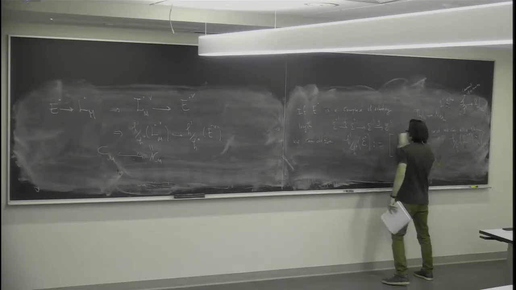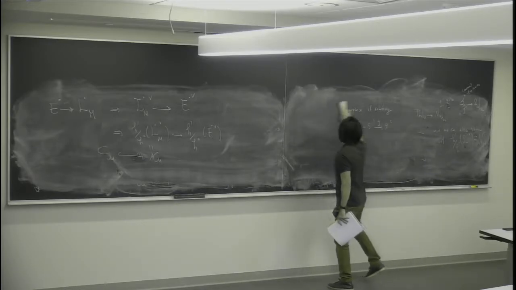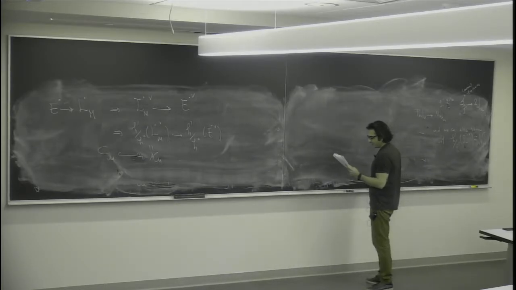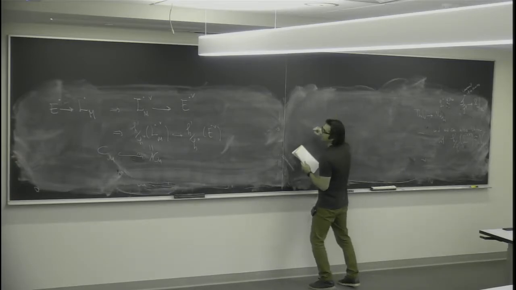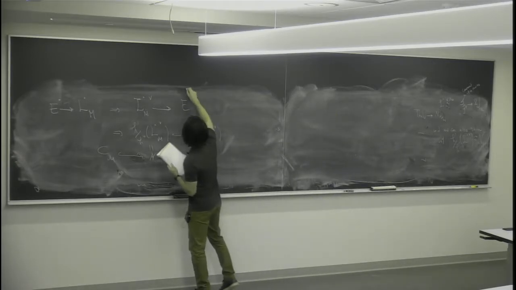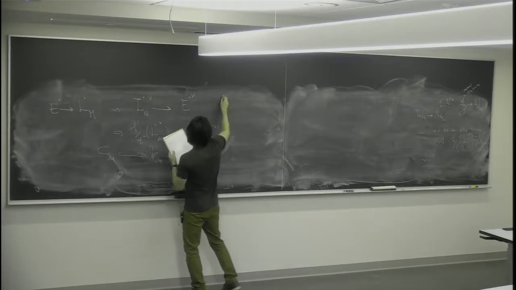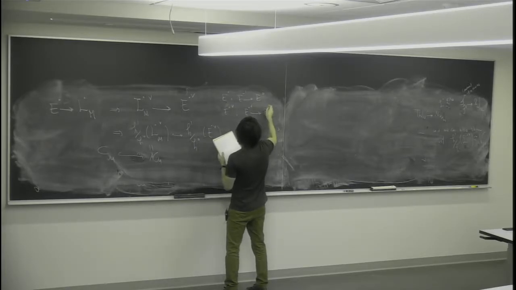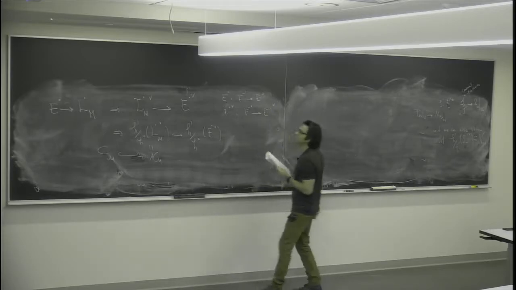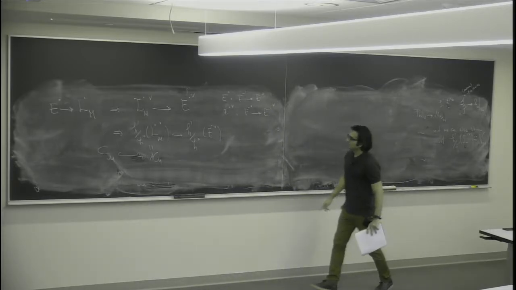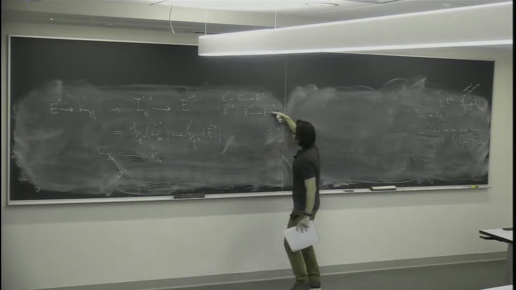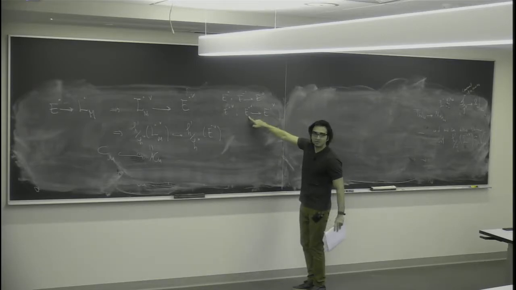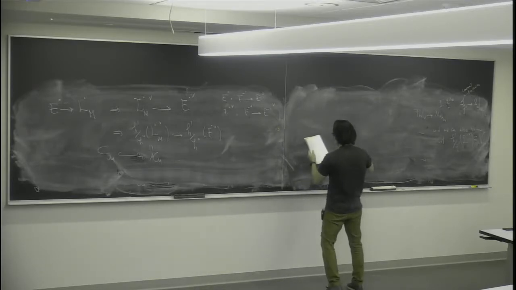Now, we will take the fiber product of C of M over H1, H0 of E dot dual. This defines an embedding.